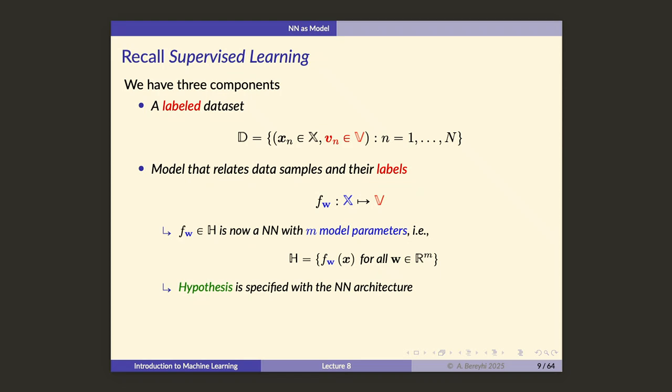And essentially, our hypothesis set is specified by that neural network, right? So we assume that our input is connected to the output by a function which can be represented by this neural network. Is it necessarily correct? No. This is again an assumption, exactly like the linear classification or regression that we did, right?